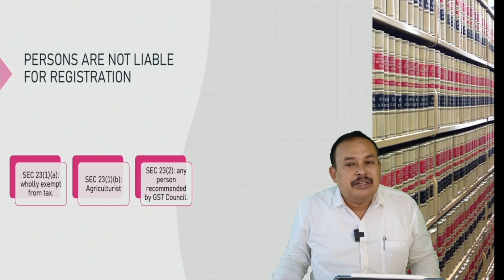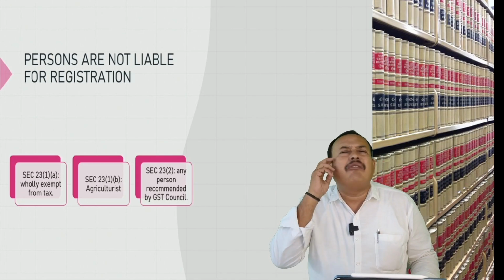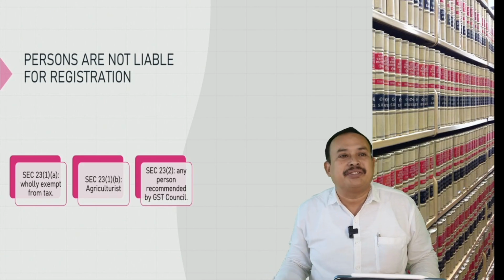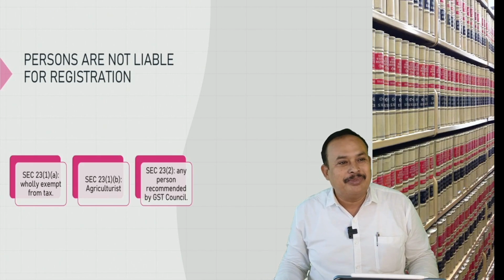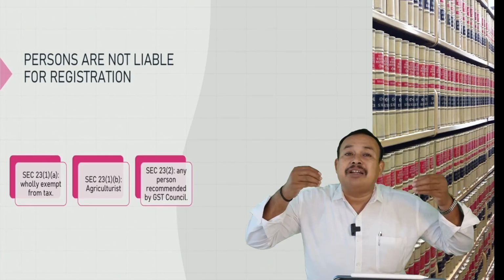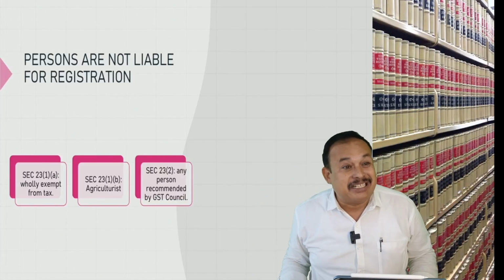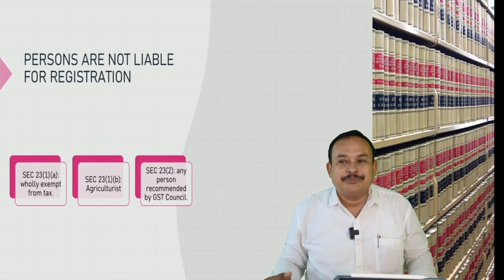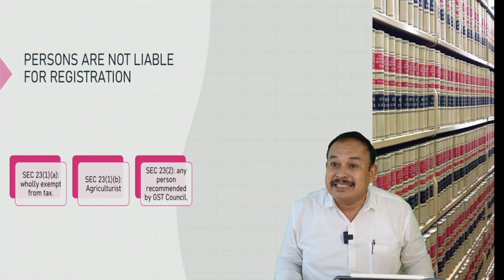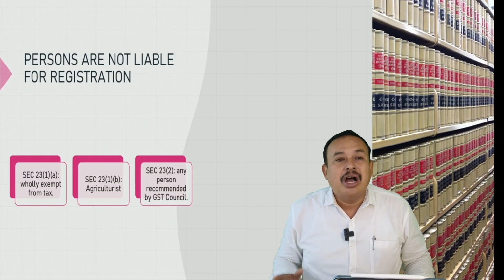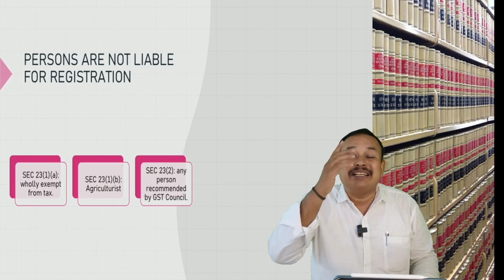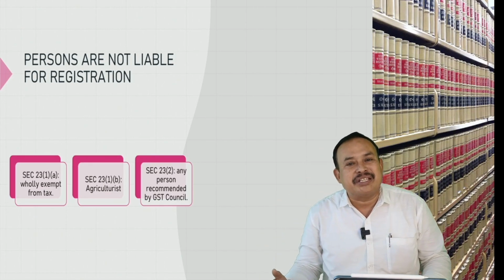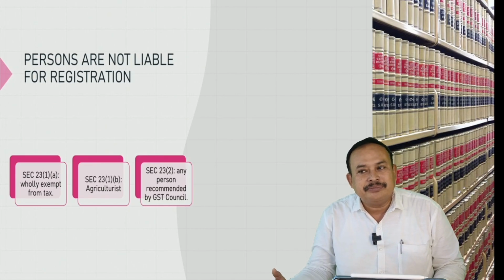For you, what is turnover? Sir, my turnover in a financial year is 120 lakhs. No problem. You are not liable to pay GST. Resultantly, you are not liable for registration also. So, an agriculturalist is exempted from registration. Got the clarity?